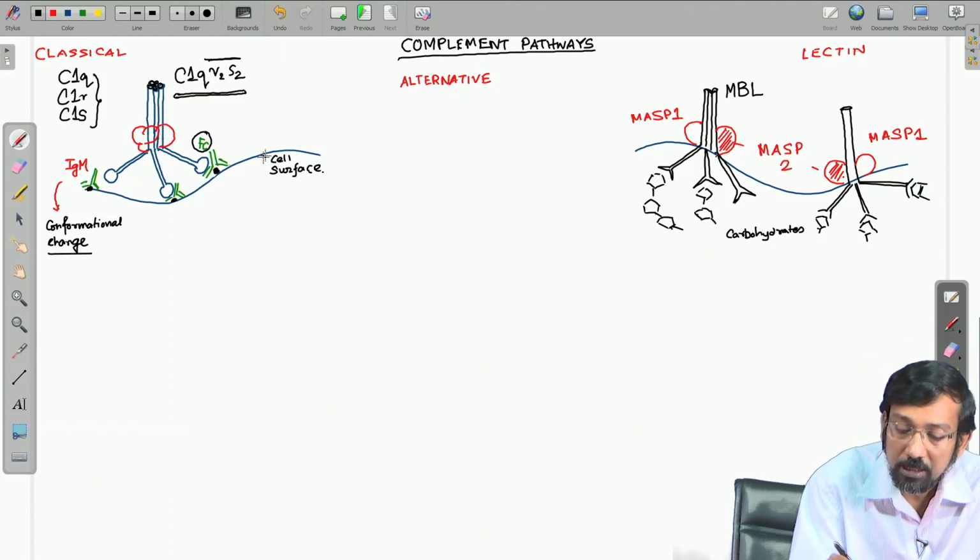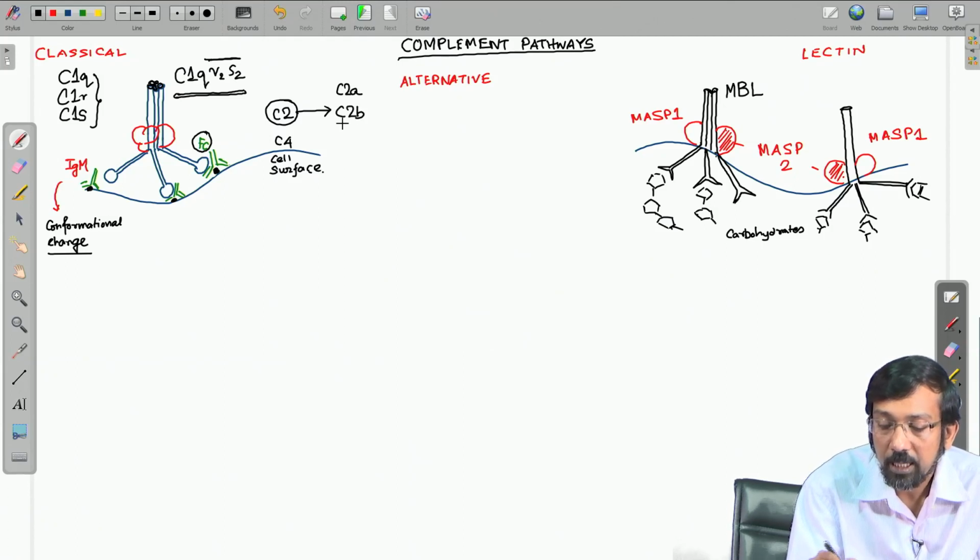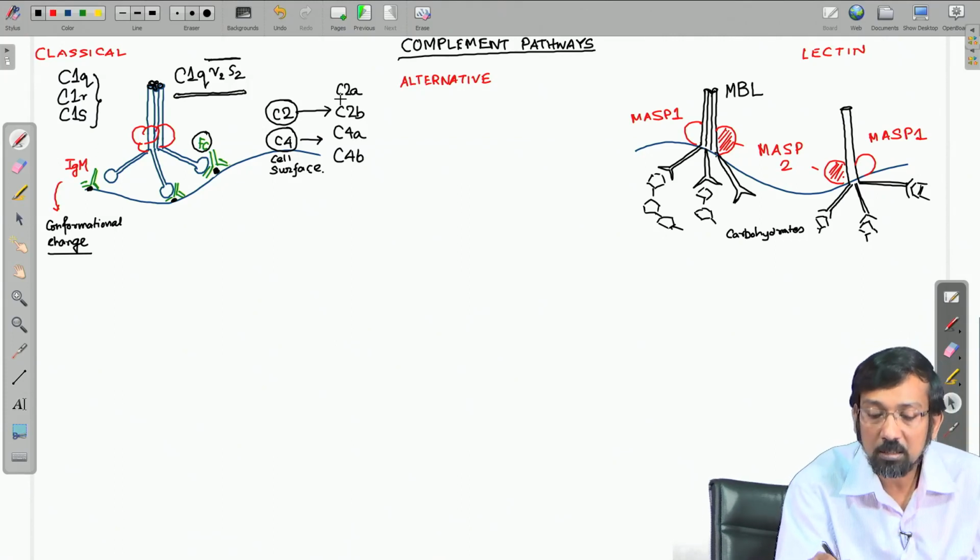For example, they can break C2 and C4. C2 is broken down to C2A and C2B, and C4 is broken down to C4A and C4B.